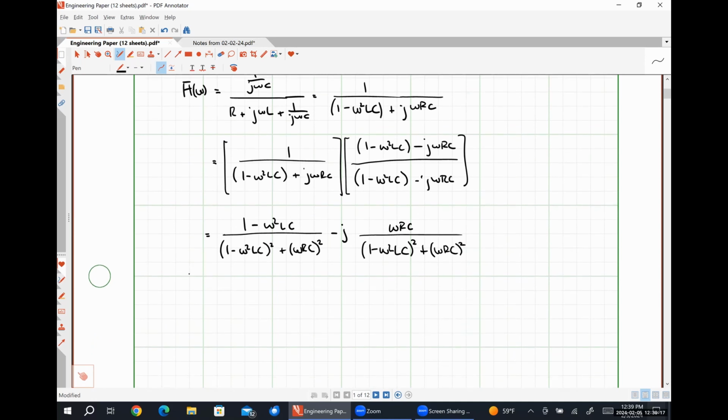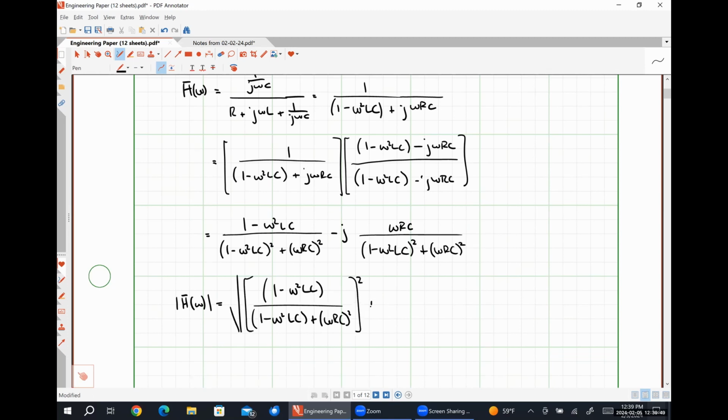So our magnitude response, once again, is just found by squaring the real part, squaring the imaginary part, adding those results together, and taking the square root of the whole thing. So that's going to look like 1 minus omega squared LC divided by 1 minus omega squared LC plus omega RC quantity squared.